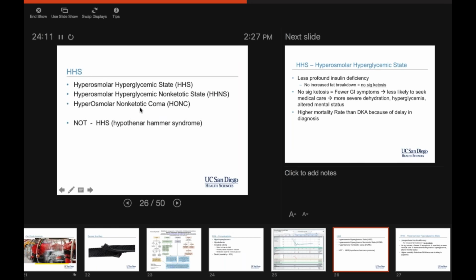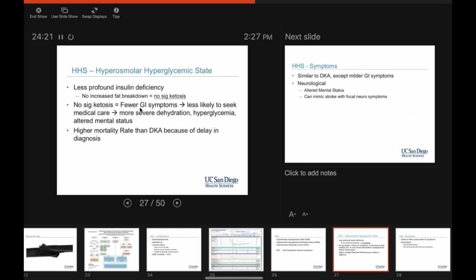Okay, HHS, this is hyperosmolar hyperglycemic state, sometimes called HONK, not hypothenor-Hammer syndrome, which I see on the billing all the time. But HHS, okay, this is a relative insulin deficiency. DKA is absolute. This is relative.